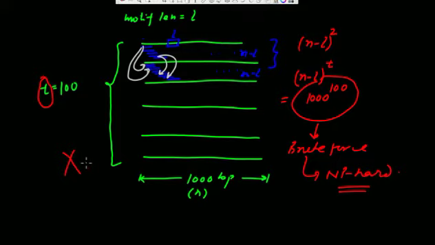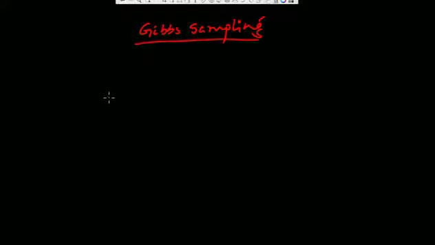So one such algorithm is known as the Gibbs sampling algorithm. It's a heuristic algorithm, has some stochastic components.